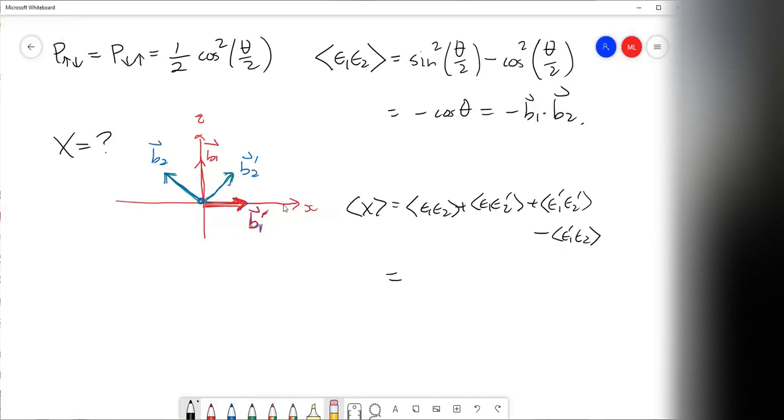So the direction between 1 and 2, let's see, 1 is over here and 2 is over here. So that's a 45-degree angle. So that's minus cosine pi over 4. Here, epsilon 1 and epsilon 2 prime, that's the angle between 1 and 2 prime, that's also 45 degrees.